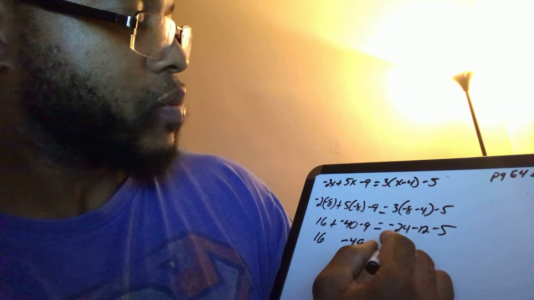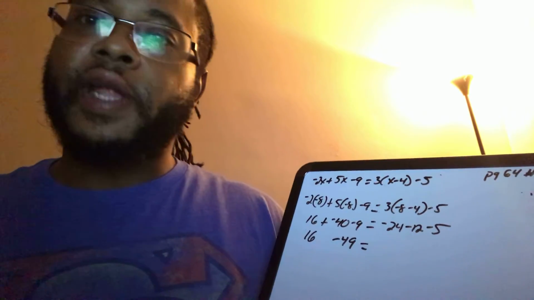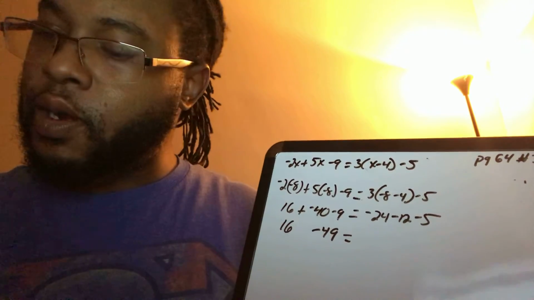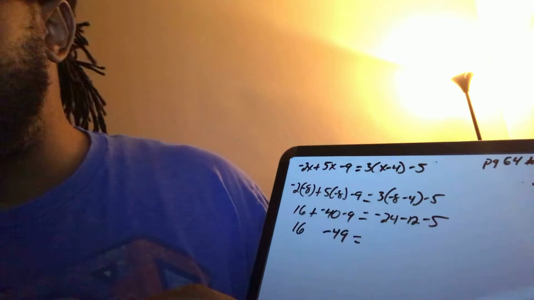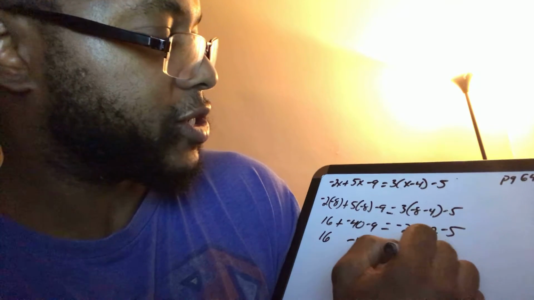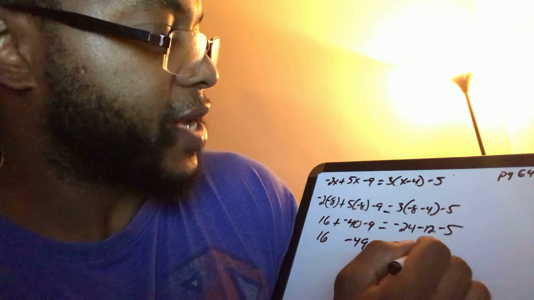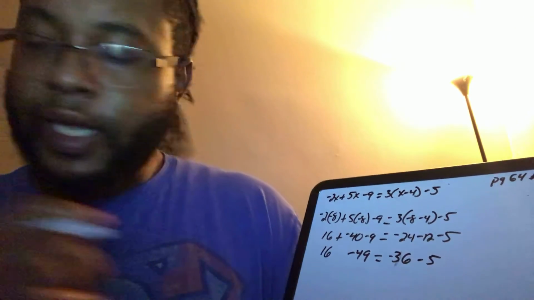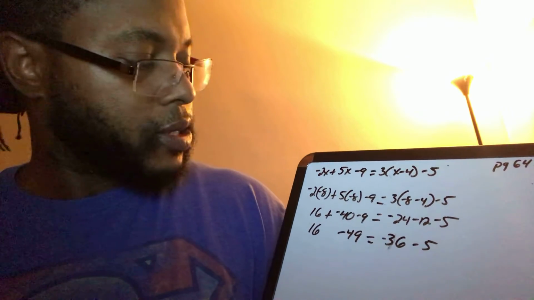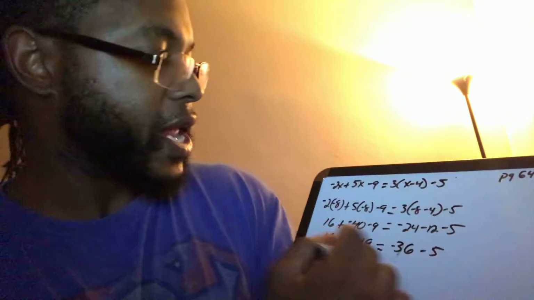And then we're going to do negative 24 minus negative 12 first. So negative 24 minus 12 equals a negative 36 minus 5. 16 minus 49 equals a negative 33.